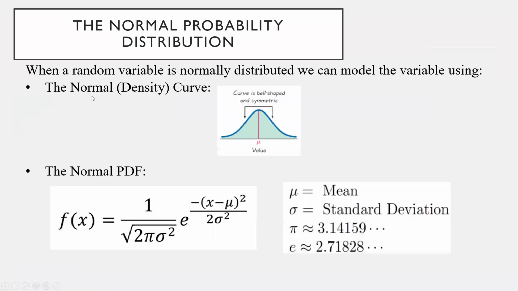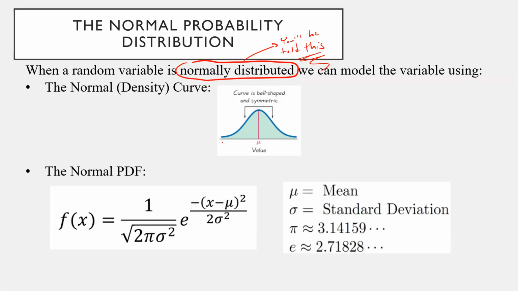This is a quick review from last class. Last class we were talking about the normal probability distribution. When a random variable is normally distributed, and for all the problems we're going to do in this class, you'll be told this, we can model it using what's called the normal density curve.